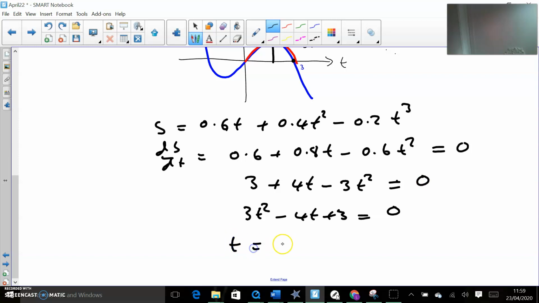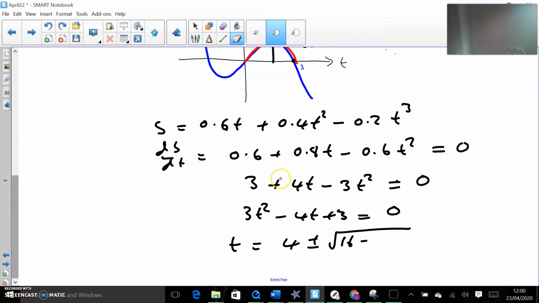And t would be minus b, 4, plus or minus the square root of the discriminant. b squared is 16 minus 4ac. I have made a mistake here. Yes, small mistake. That should be minus, so c is minus 3 if I multiply by minus 1.